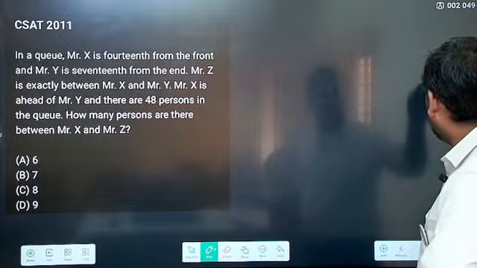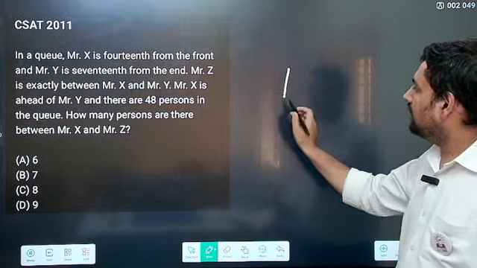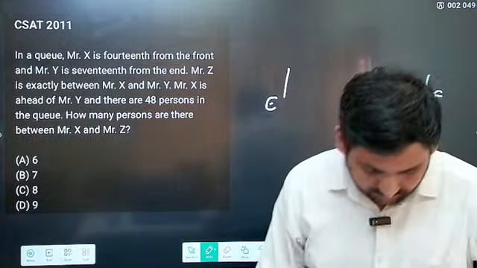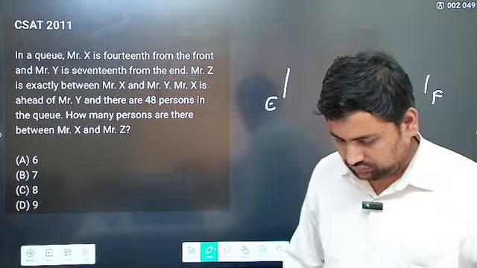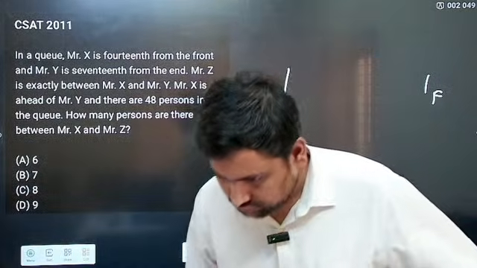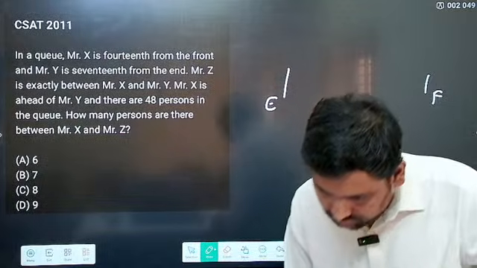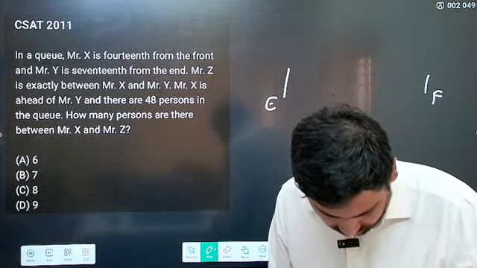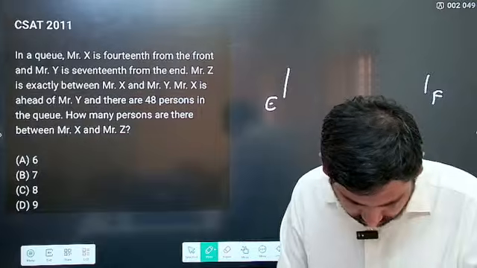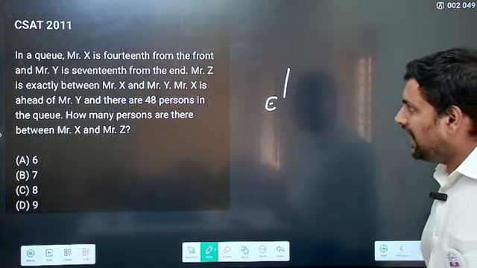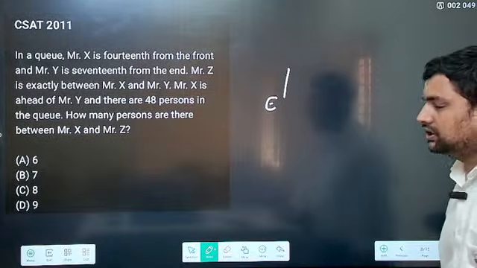Front and end you can take it like horizontally only. Draw it.